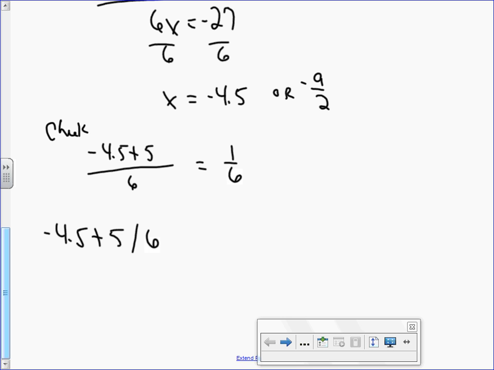Okay, so this side up here. This side over here, John. Can somebody tell me what I've done wrong? It's divided by 3. Yeah, it's divided by 3.